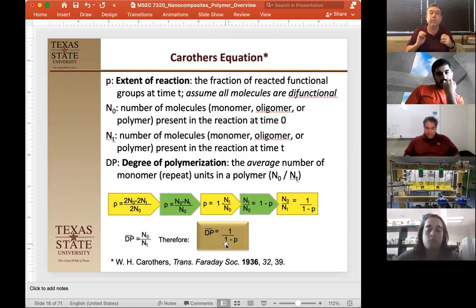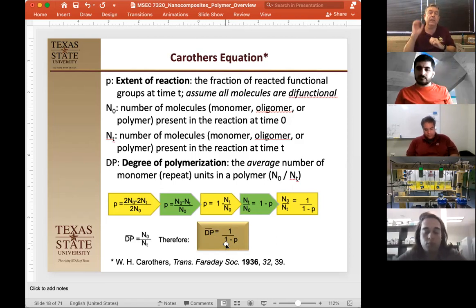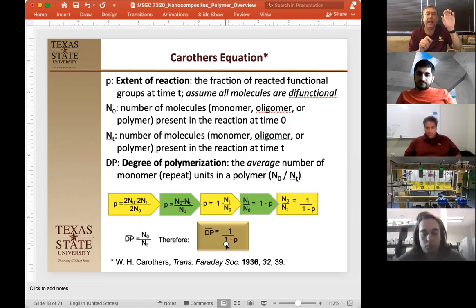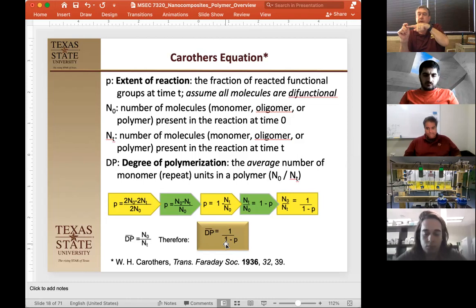Okay, so why do we say P, that extent of reaction? Well, we are comparing the number of molecules, monomers, polymers, and oligomers from the beginning, typically the number of molecules of monomer that we start with, and then the number of molecules we have at some point in reaction time. So think about it. If we start with monomers at 0, and we stop it at some time T, in theory, with step growth polymers, we have no more monomer at time T because we consumed all our monomer early on in the reaction, right?